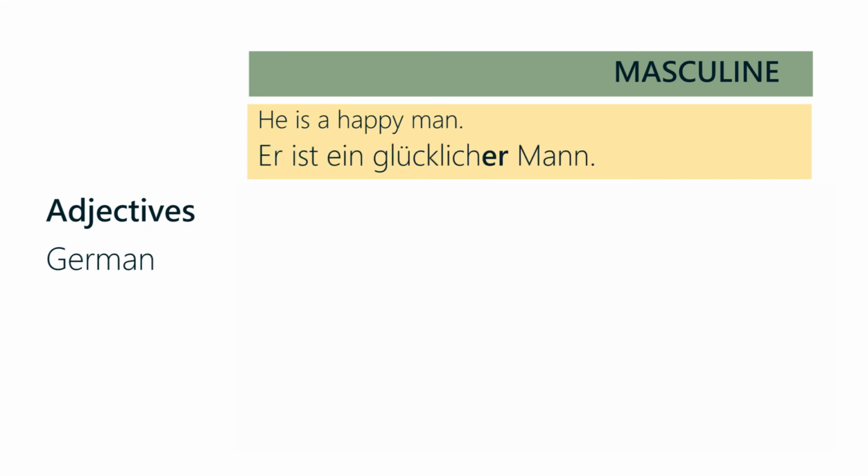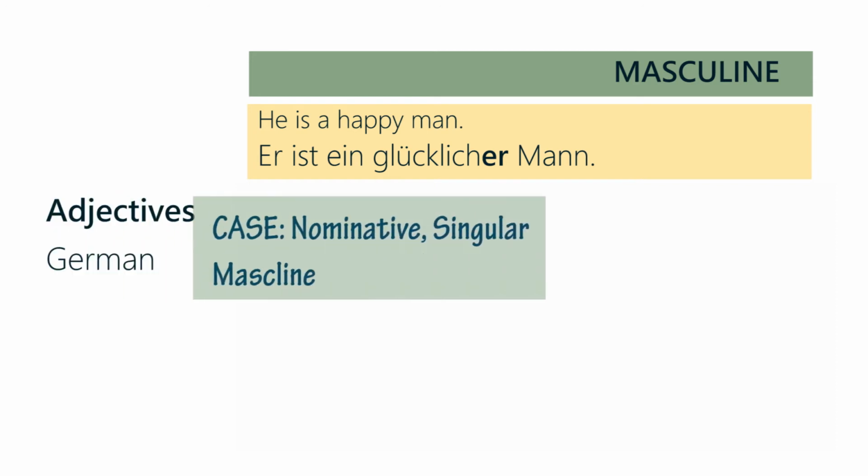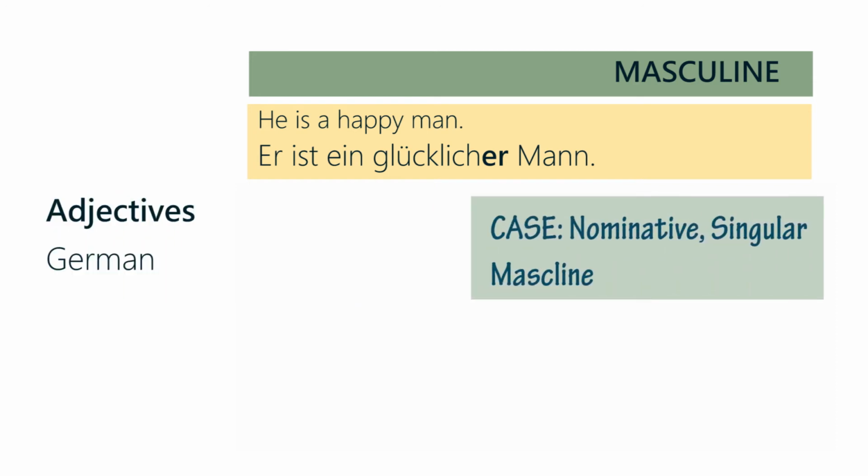So here the adjective is glücklich, but Mann is singular masculine, and it's nominative in the sense that it's not an object, it's a subject. So er is the ending. Glücklicher shows that the case is nominative, singular, masculine.